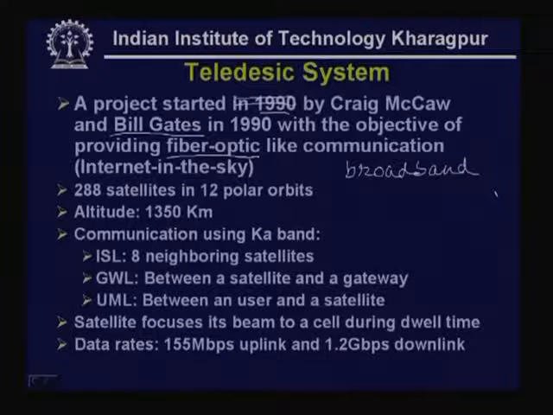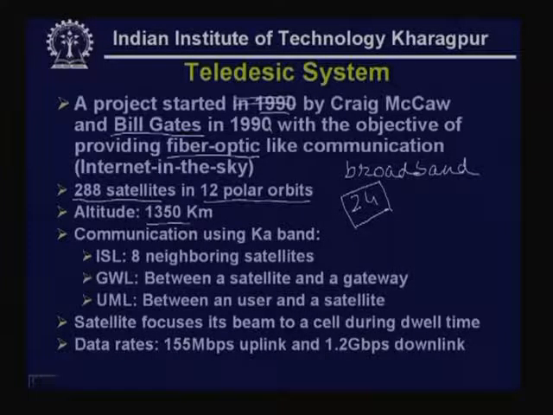And this Teledesic system ultimately was designed with 288 satellites in 12 polar orbits. So, there are 12 polar orbits, very similar to the Iridium. So, you have got 24 satellites in each orbit, and you have got 12 such polar orbits, and these are stationed at an altitude of 1350 kilometer compared to 750 kilometer of Iridium.